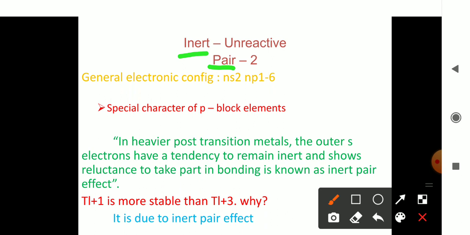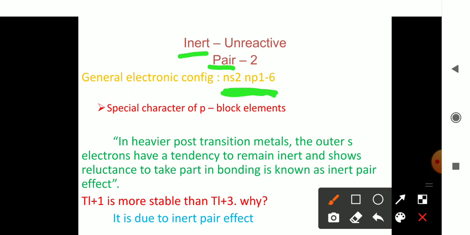Before that we must know the electronic configuration of P block elements that we have seen in the previous video. What is the general electronic configuration of P block elements? Yes, it is ns2 np1 to 6, which means permanently there are 2 electrons present in the s orbital, and the number of electrons in the p orbital will vary according to the element.